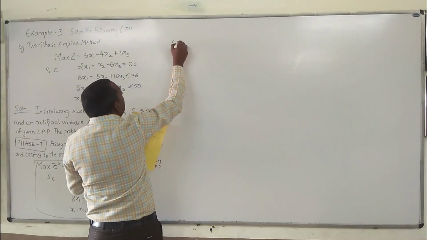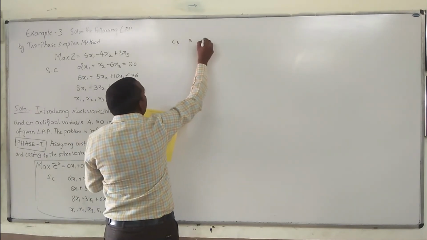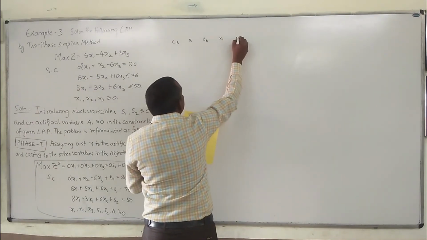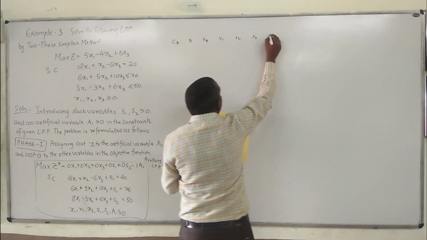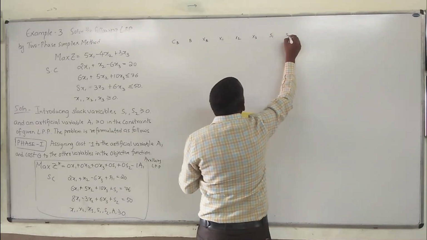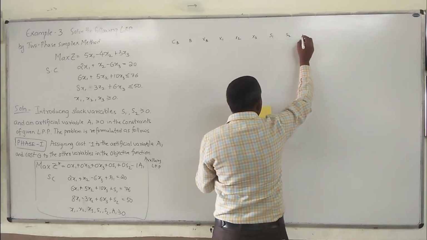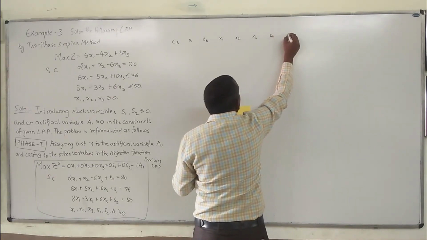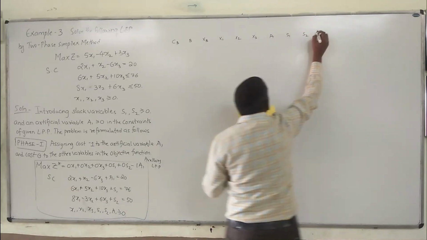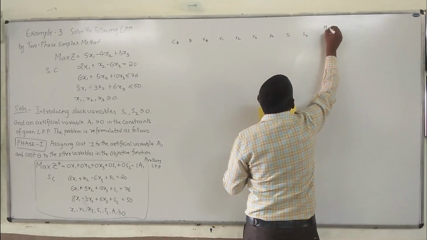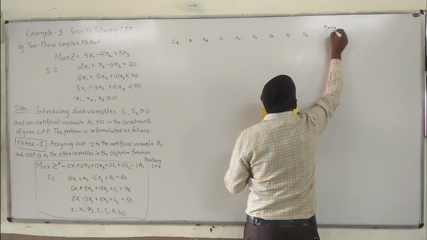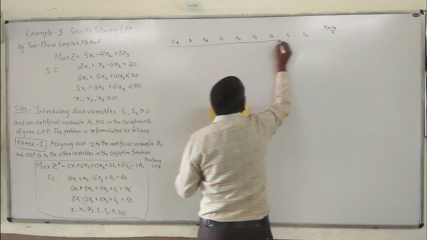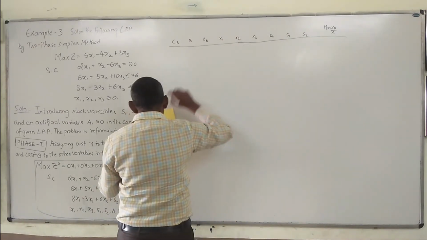That is CB, then B, followed by XB, then X1, X2, X3, S1, S2, and I will first write the artificial variable A, then S1, then S2, then minimum of XB upon X. This is a big table. This example has a very big table.